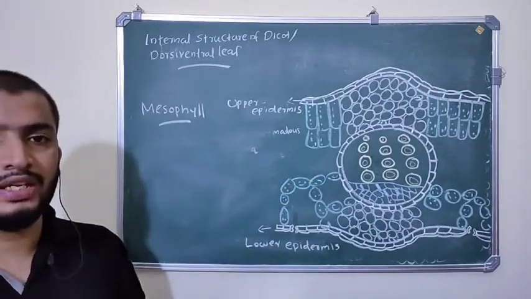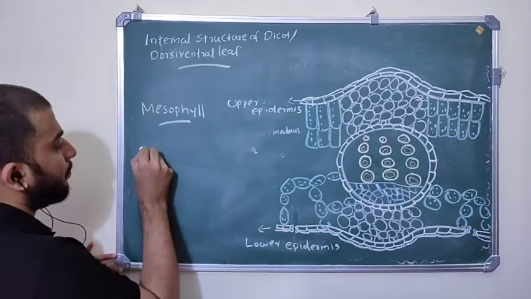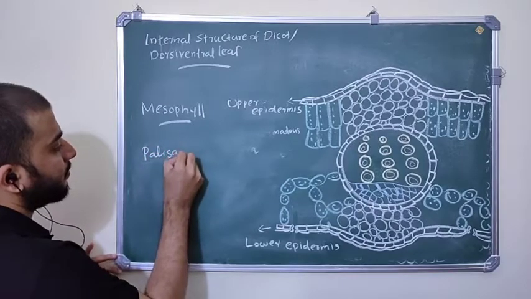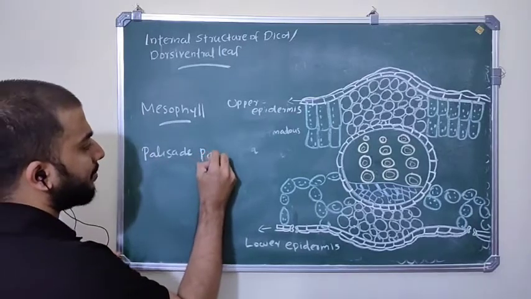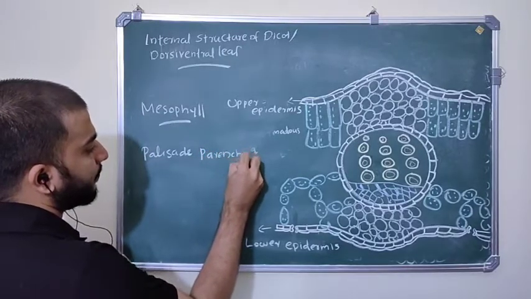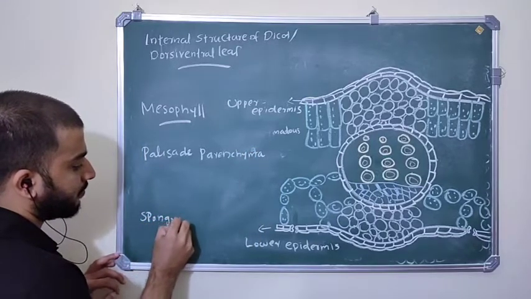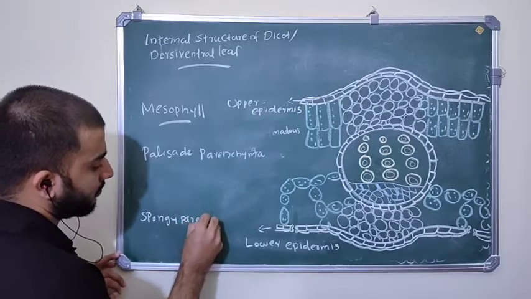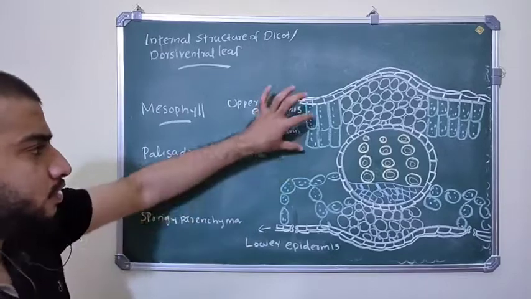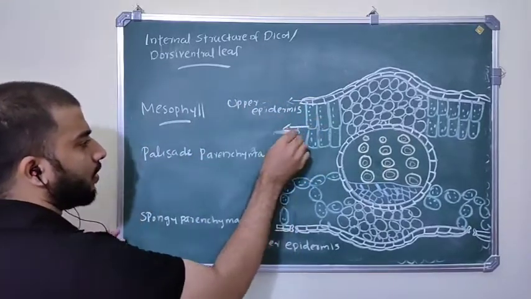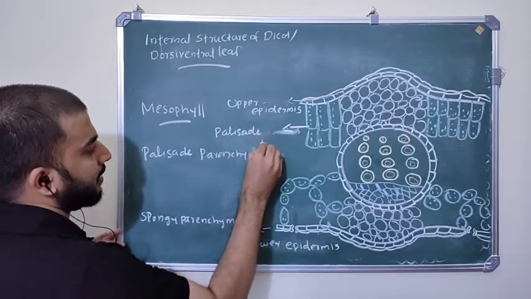This region is made up of two types of mesophyll cells: palisade parenchyma and spongy parenchyma. So these mesophyll cells are called palisade parenchyma.